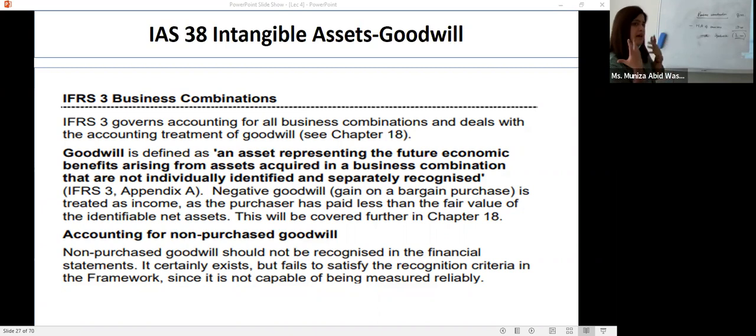When, say, for example, our business is going to be purchased by another business, then that goodwill is going to be materialized, if any. So it certainly exists, but fails to satisfy the recognition criteria in the framework, since it is not capable of being measured reliably. So internally generated goodwill is not going to be recognized, but if you are purchasing a goodwill, then it will be recognized as positive or negative.